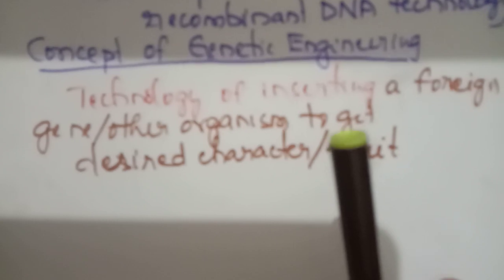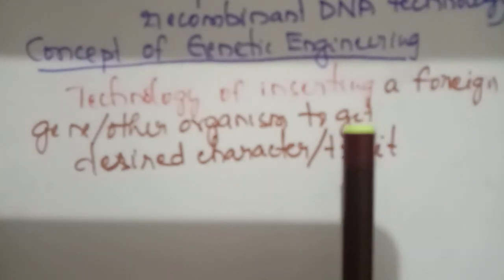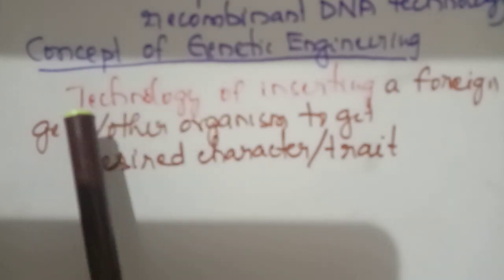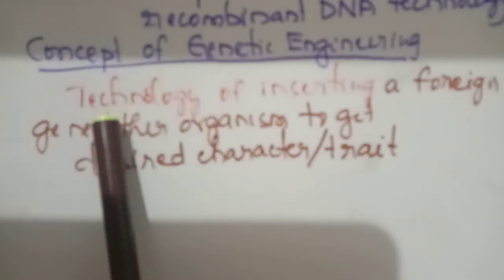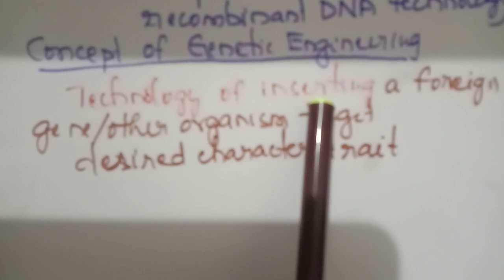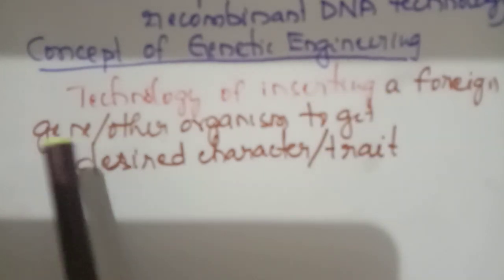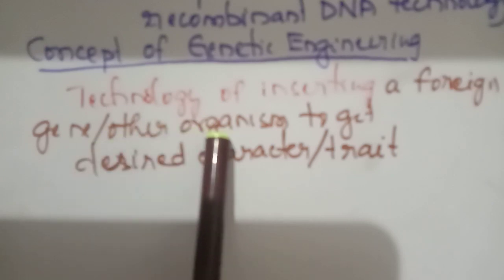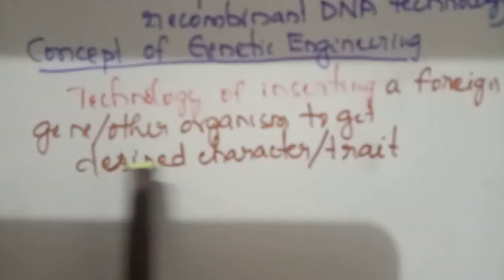Foreign doesn't mean that you are getting the gene from some other foreign country. You are getting it from another organism. Genetic engineering is a technology of inserting a foreign gene or DNA from another organism to get the desired character.